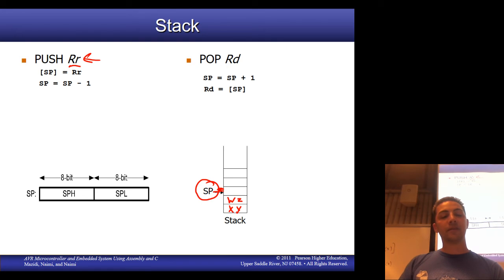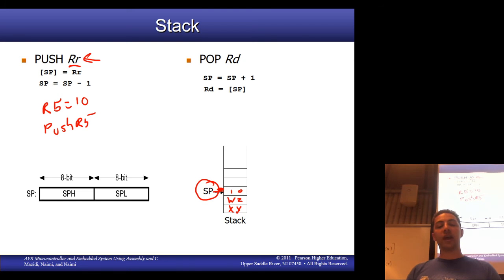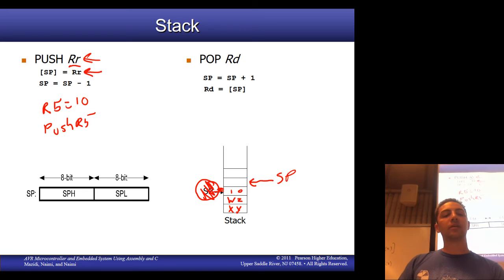So if I said that R5 was equal to 10, and then I said push R5, that's going to put 10 in that location, and then the stack pointer will now point to the next. So it's a two-step process.